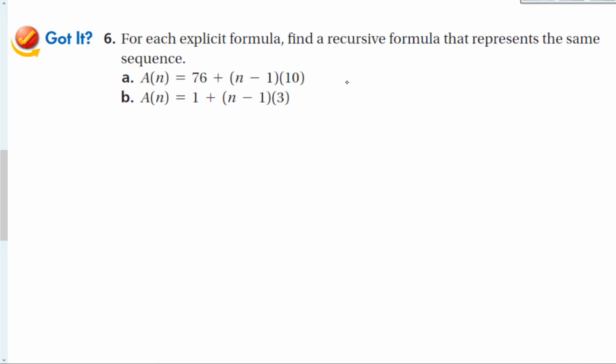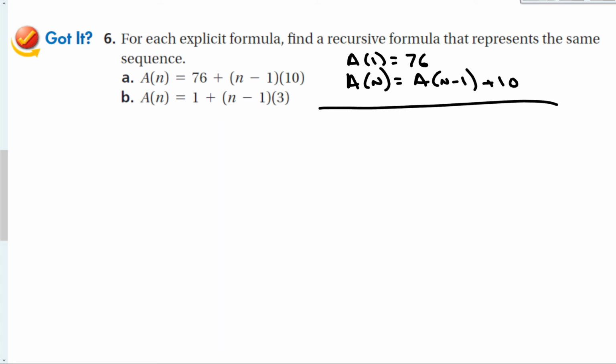All right, so for the last two Got It problems, we have a of n equal to a of n minus 1 plus 10, and a of 1, which I need for my recursive formula, is 76. For the second one, a of 1 is going to be 1, and to get the next term, we take the previous term and add 3. Okay.